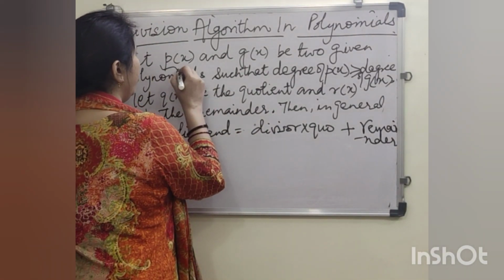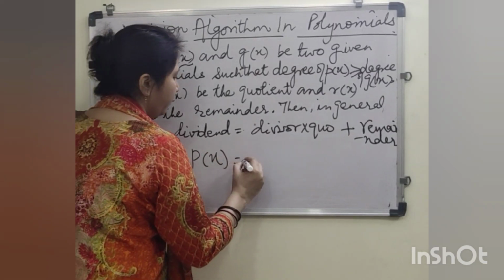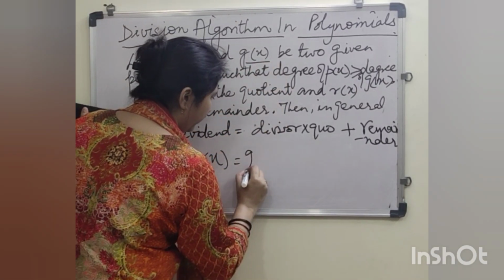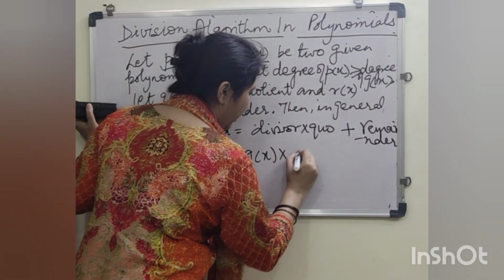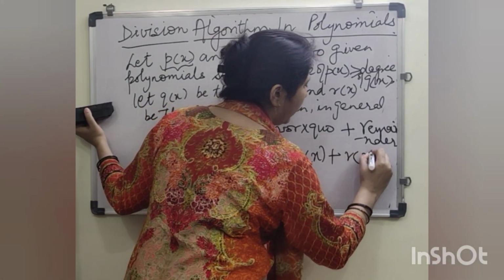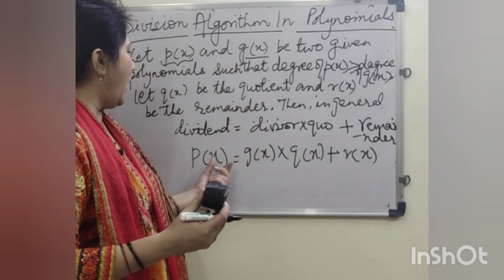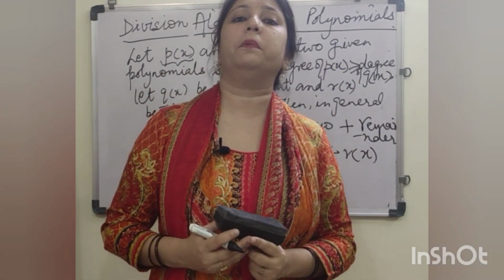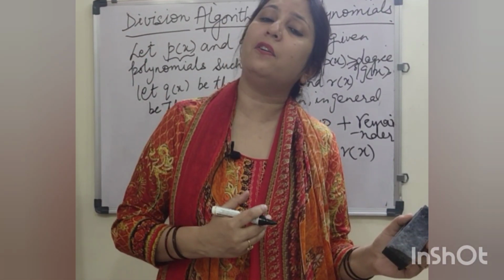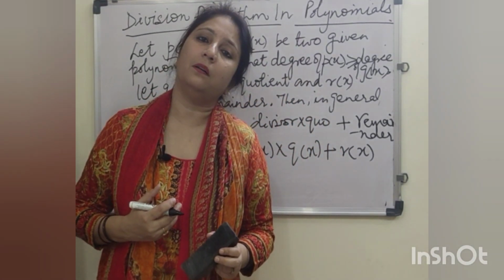Your dividend is p(x), that means p(x) equals your divisor g(x) multiplied by your quotient q(x) plus remainder r(x). Nothing different. Only now you have written in terms of polynomials. This is how we have differentiated it from arithmetic and brought it down to algebra.